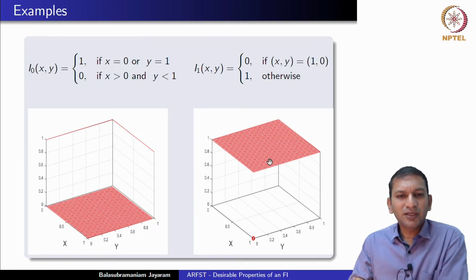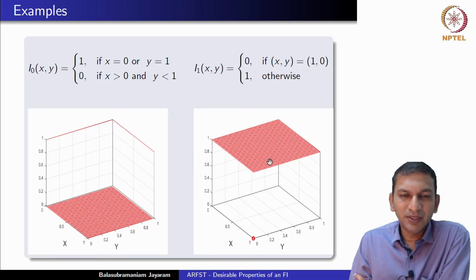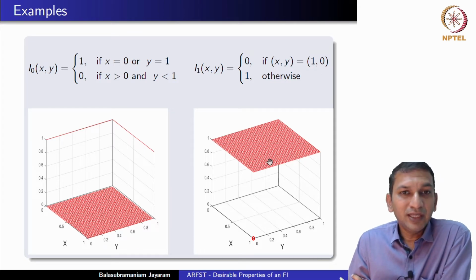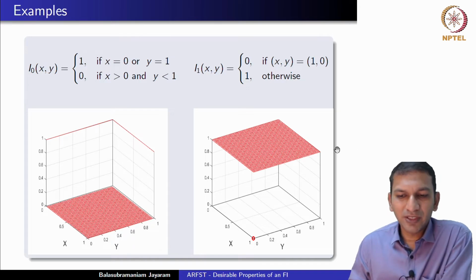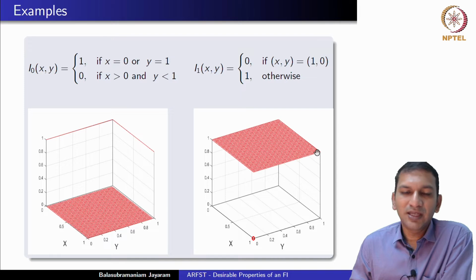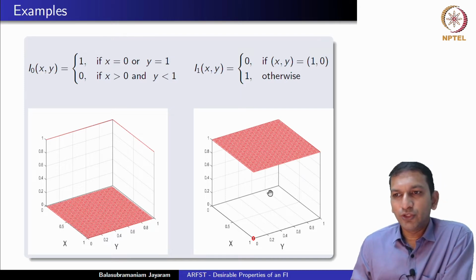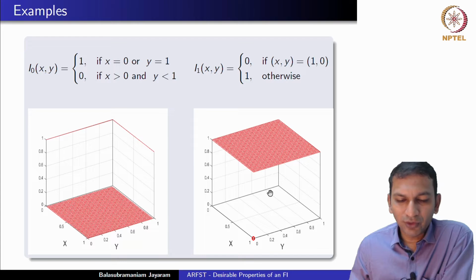Now let's look at some of the examples that we have seen, including basic fuzzy implications, whether they possess this property. Clearly, this is the smallest, this is the largest fuzzy implication, they do not have this neutrality property. So now geometrically, visually, where do we look for this?